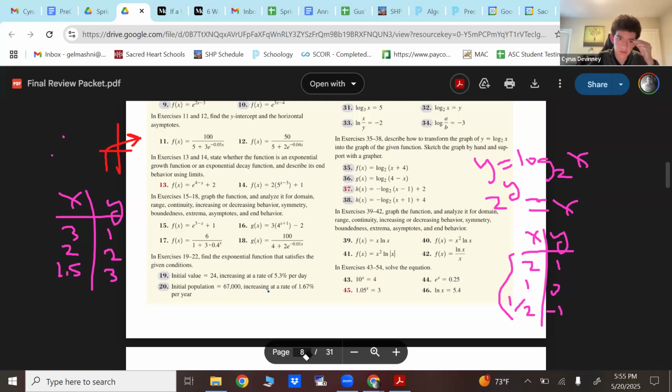Oh, the asymptote for 37 is which one again? It's just 1. Okay. x equals 1.